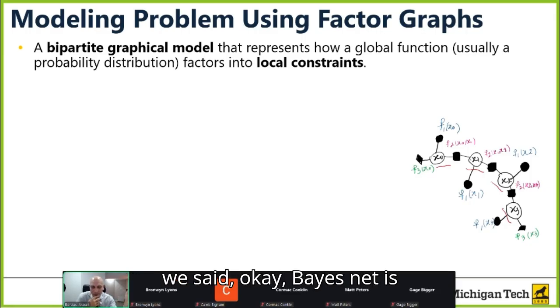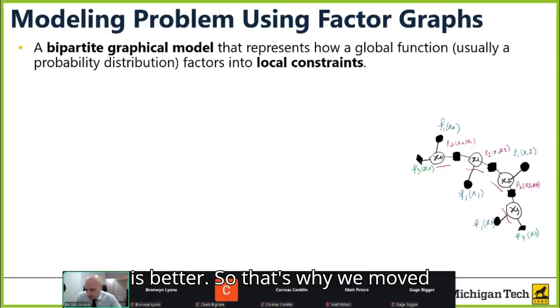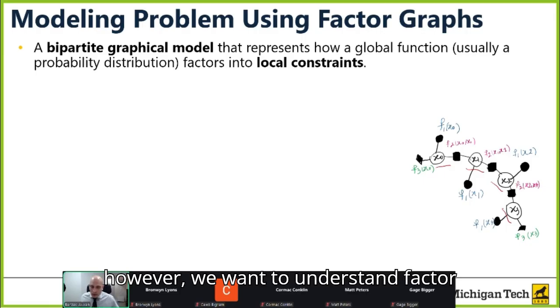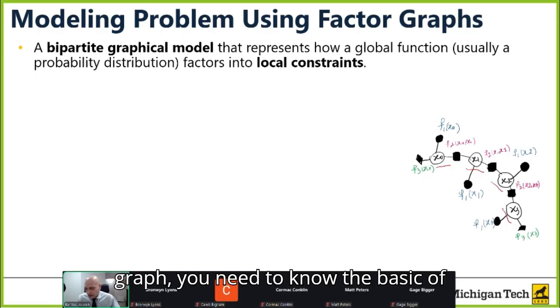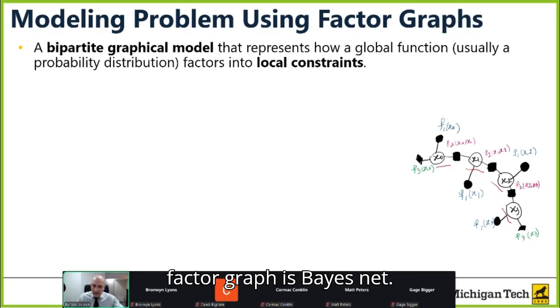That's why we said Bayes nets are a good method for probabilistic models, but factor graphs are better. That's why we moved from Bayes nets to factor graphs. However, to understand factor graphs, you need to know the basics, which is the Bayes net.